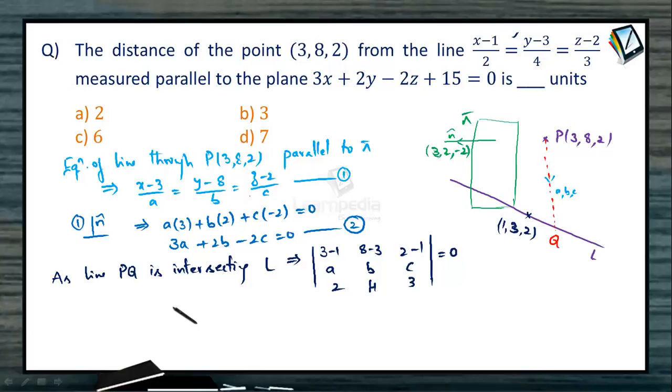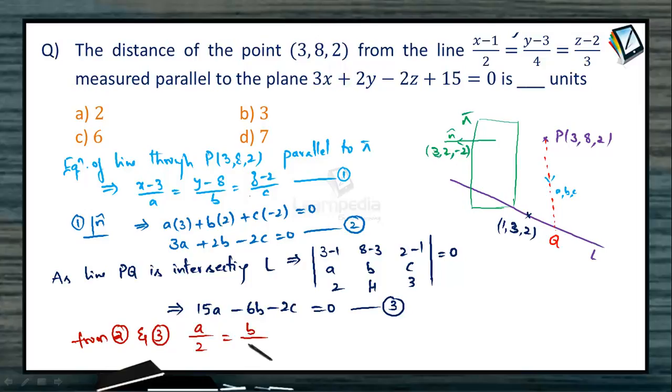Now when we expand this determinant, we get another condition on a, b, c, which is 15a − 6b − 2c = 0. Let's treat this as equation 3. Now 2 and 3 are two simultaneous equations in terms of a, b and c. So can we solve them to get the proportionate values of a, b, c? From conditions 2 and 3, by the cross product rule we get a/2 = b/3 = c/6.